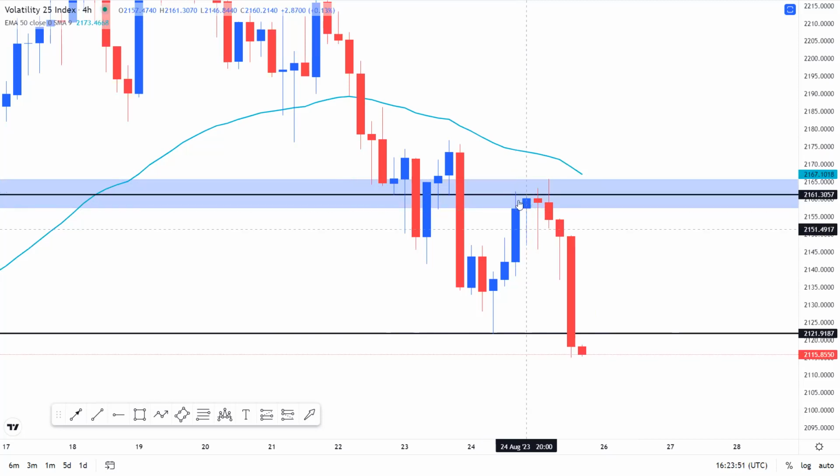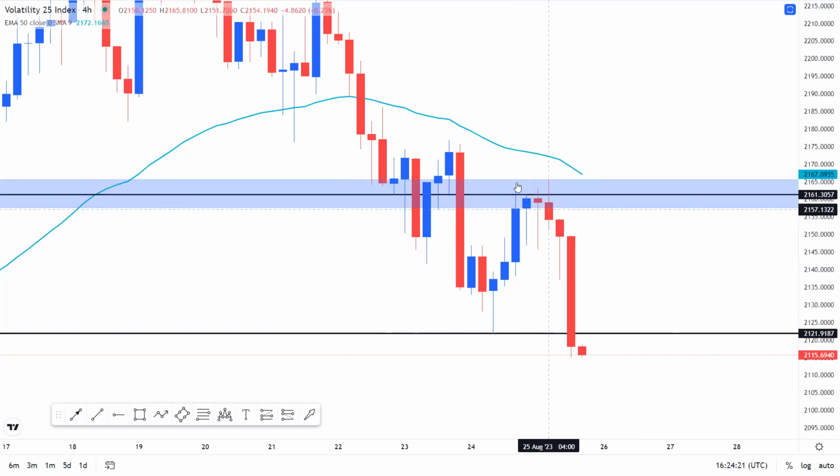The next 4-hourly candlestick that formed just after this very bullish momentum candlestick was not as bullish as the previous one. This kind of gave us clues that the momentum was shifting. And then again, after that, also a doji candlestick, an indecision, with the close even more bearish than the previous 4-hourly candlestick close.